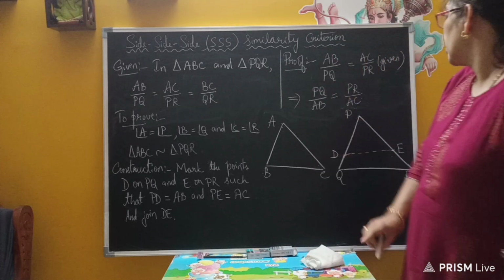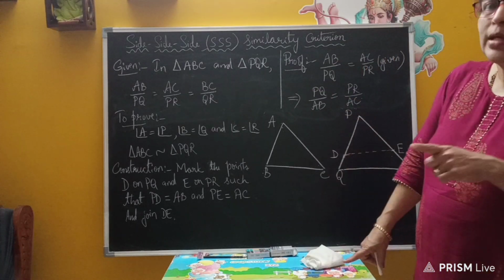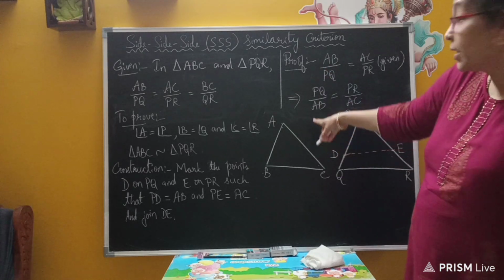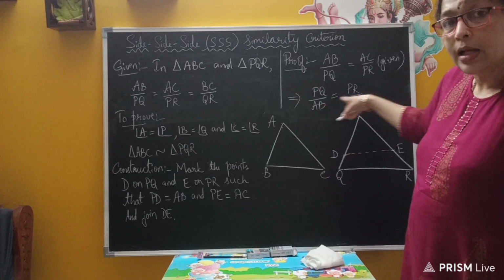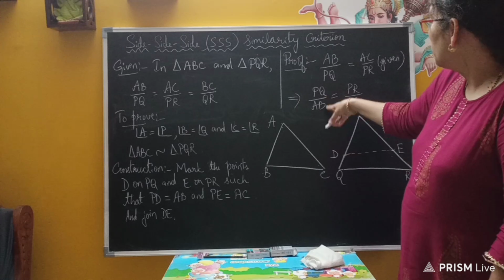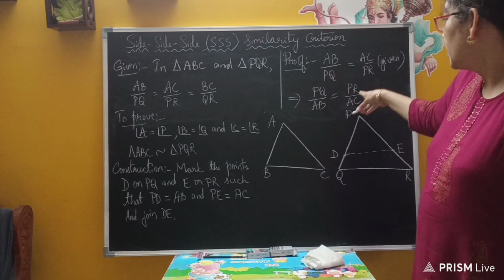Their ratios are also equal. In the previous theorem, what have you done? You have added 1 to both. In this case, let us subtract 1 from both LHS and RHS. So PQ by AB minus 1, then PR by AC minus 1.